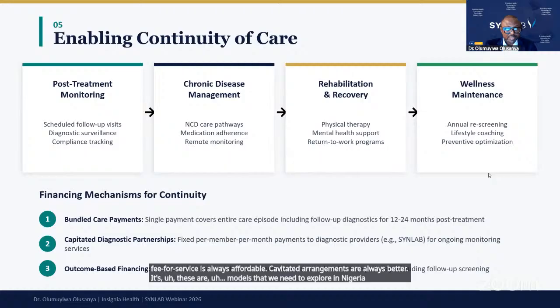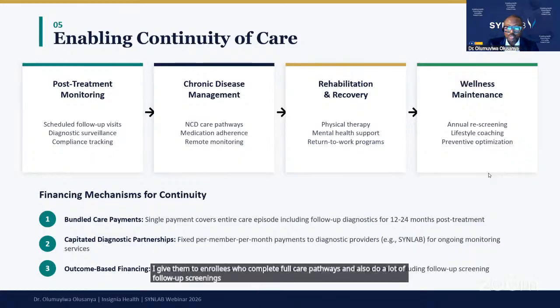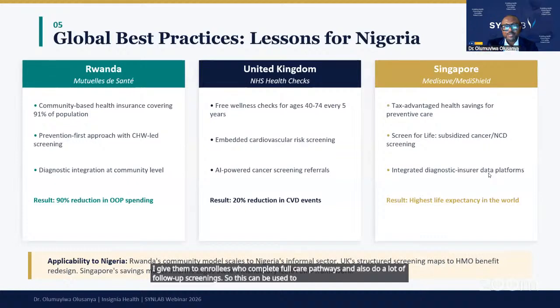Then the third financing mechanism which I'm proposing is outcome-based financing, paying for performance, paying for results, where premium discounts or rebates are given to enrollees who complete full care pathways and also do follow-up screenings. This can be used to incentivize people towards the right behavior.